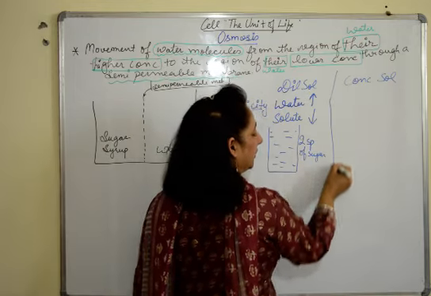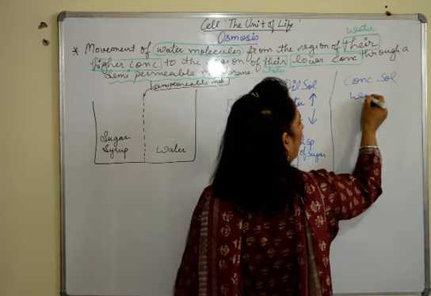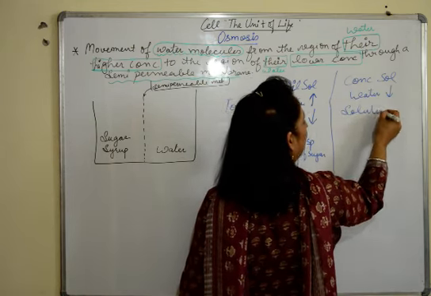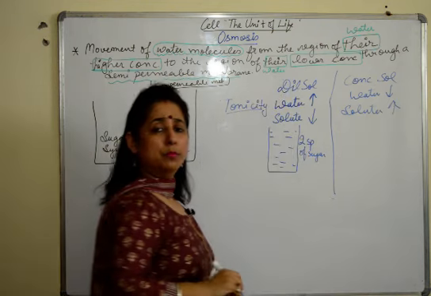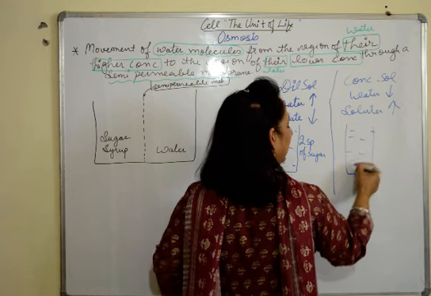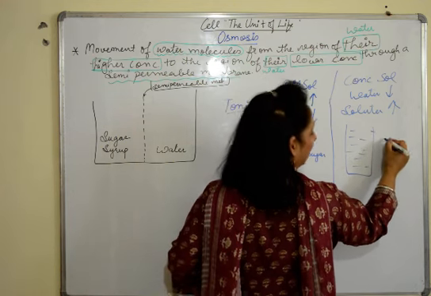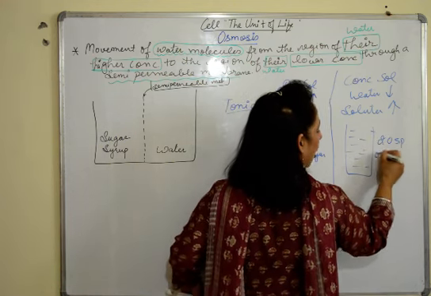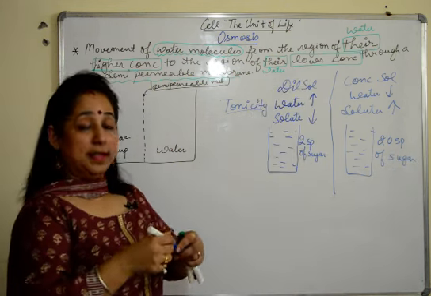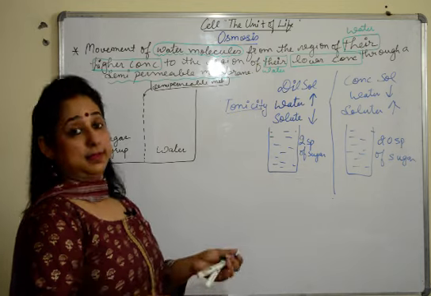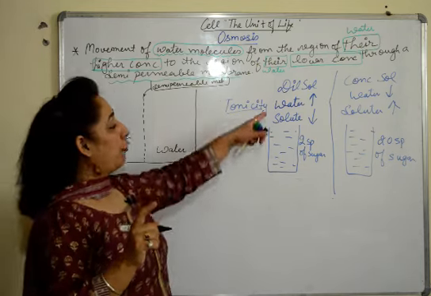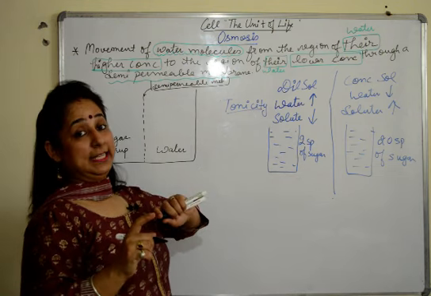A concentrated solution will be the one wherein water level is less and solute level is more. That means a glass of water, and in this glass of water we have added maybe 20 spoons of sugar. So this is a concentrated solution. But we are talking about the movement of water molecules only.